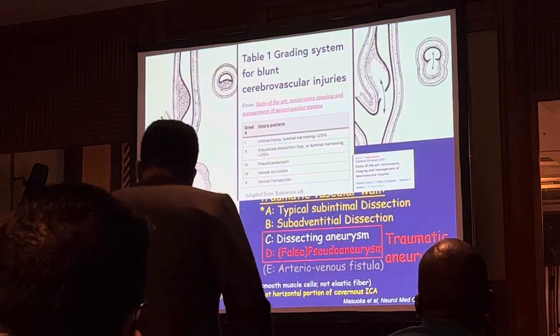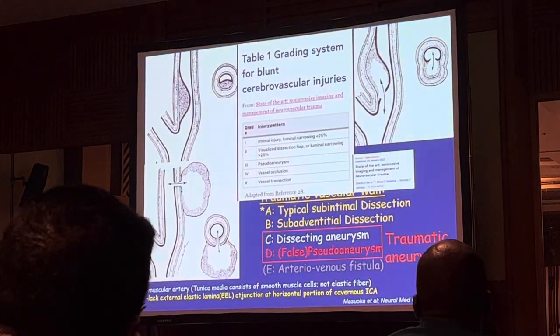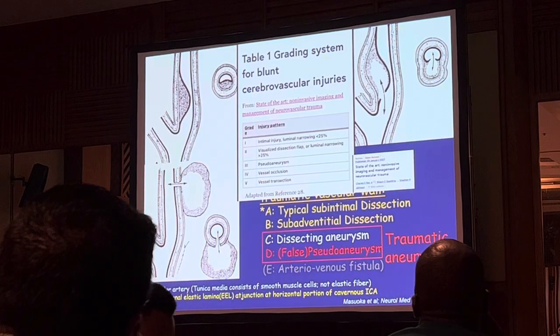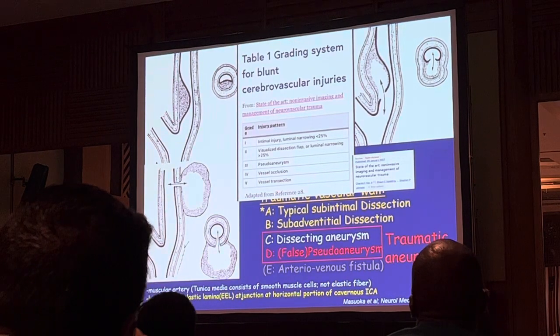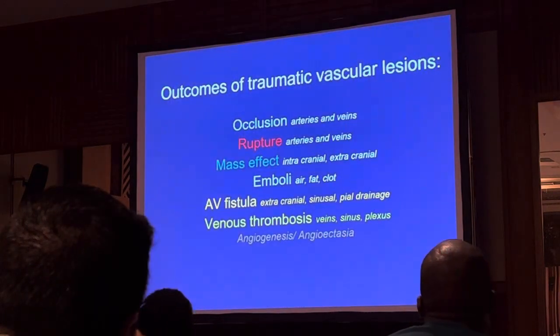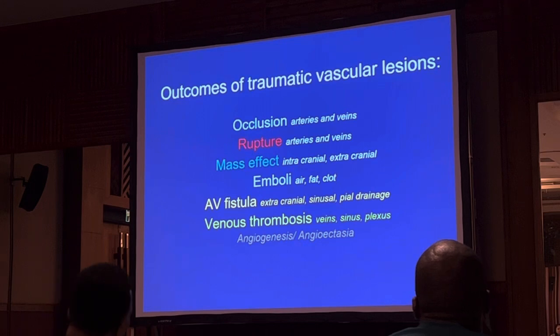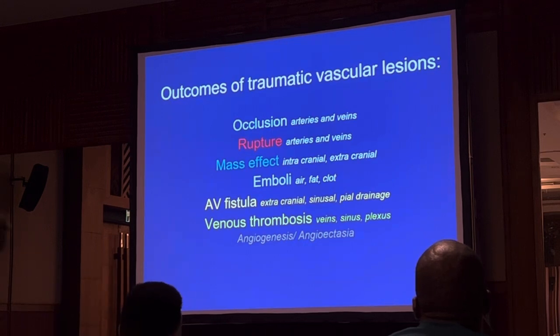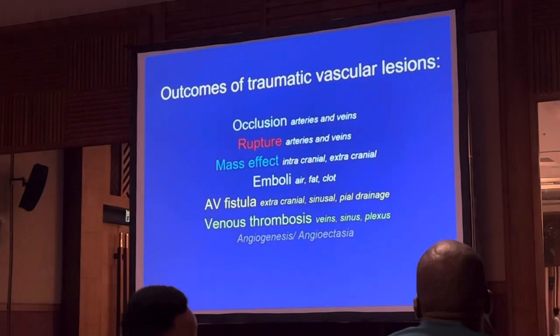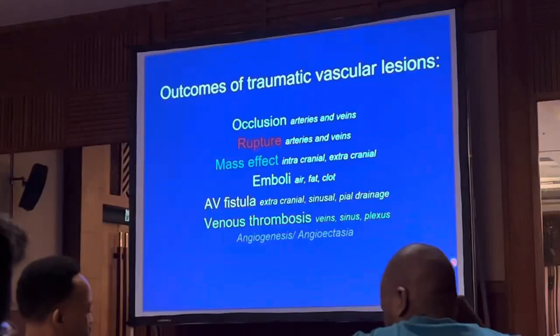Lately there are some grading systems, which seem not to explain anything more than the diagram that I showed you. So what could be the outcome of traumatic vasculopathy? The lumen can be narrowed and occluded, both artery and veins. It can rupture, both artery and veins.